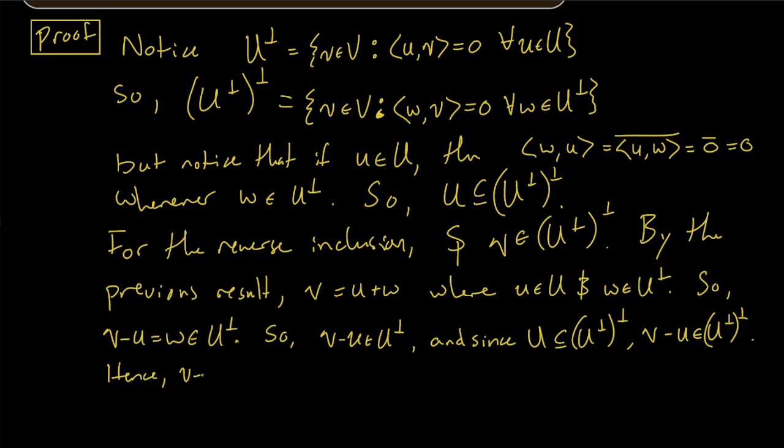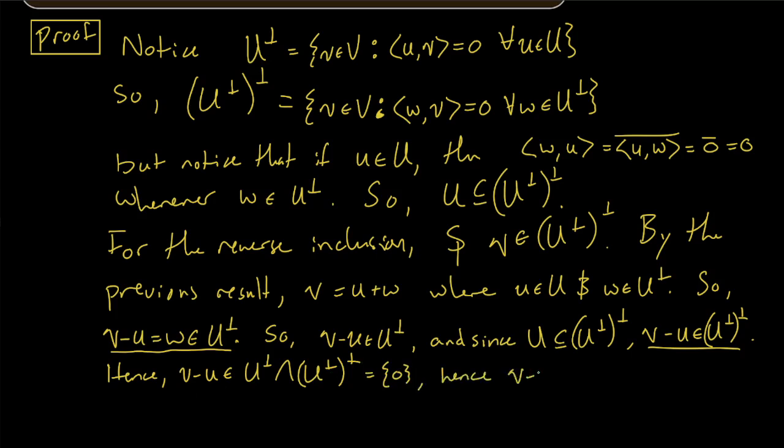Hence, V minus U is in the intersection of U perp and also the perp of U perp. I know we're saying the word perp a lot, seems sort of silly, but we know that this is 0. So V minus U is in U perp intersect U perp perp, which is just the 0 vector.